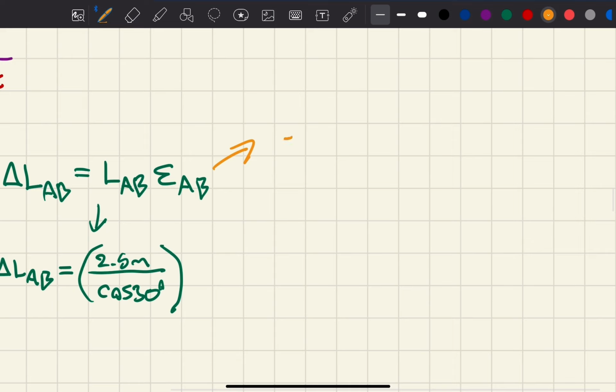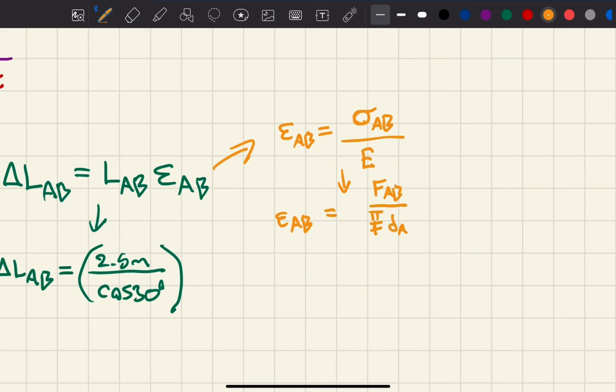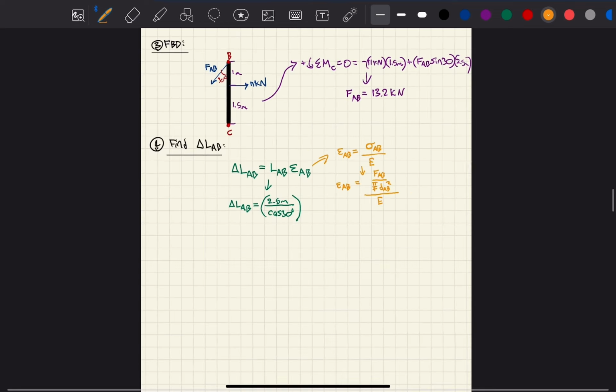So I know the strain AB is equal to stress AB over the elastic modulus. I know that strain AB is equal to the force AB divided by pi over 4 times diameter AB squared, divided by the elastic modulus.